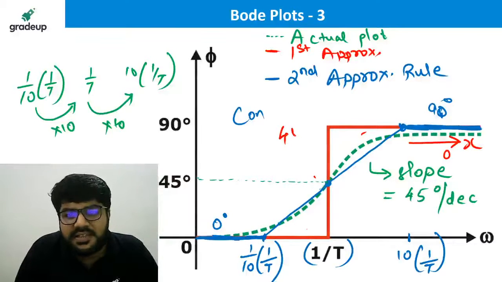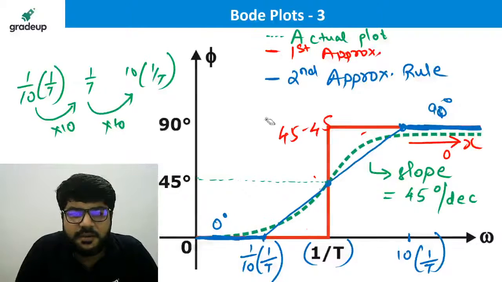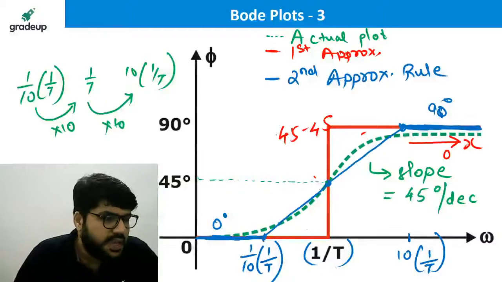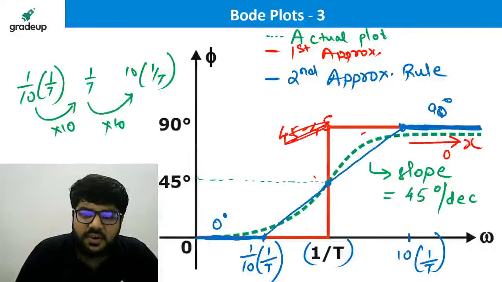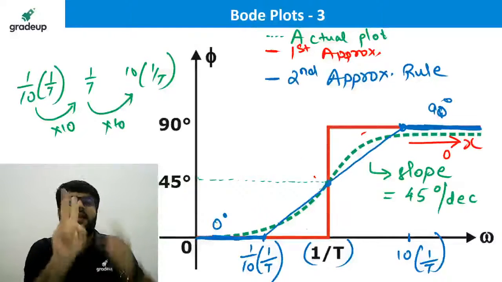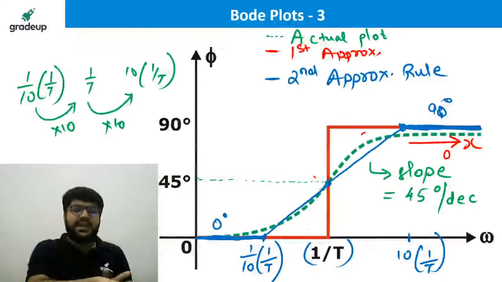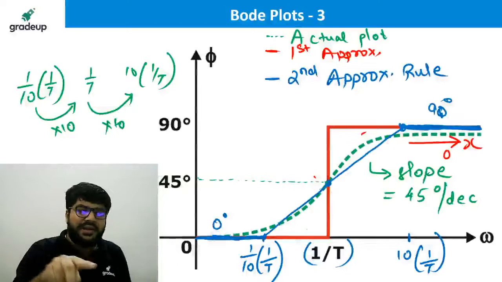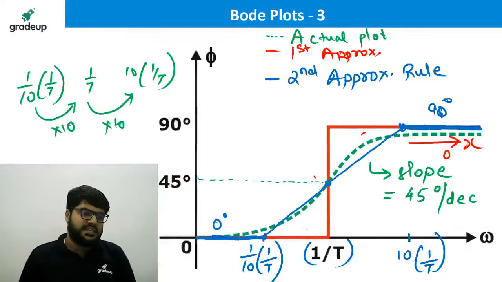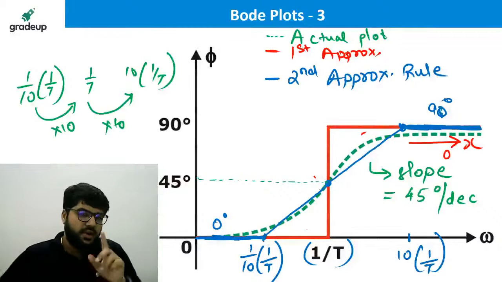The slope is decreasing, 45 minus 45 becomes 0. So here in the phase plot with respect to one corner frequency, there are 2 points of slope change, the 1/10 point and the 10 times point. At 1/10 there is a plus 45 change, and at 10 times there is a minus 45 change.